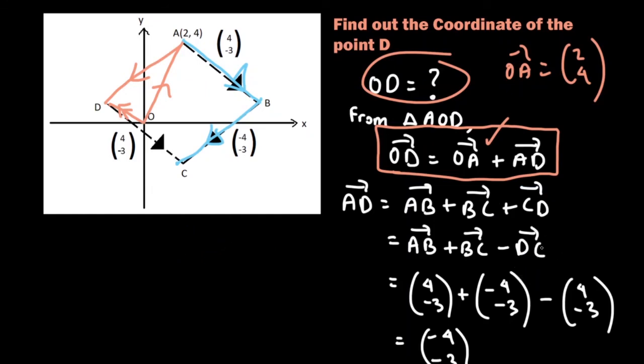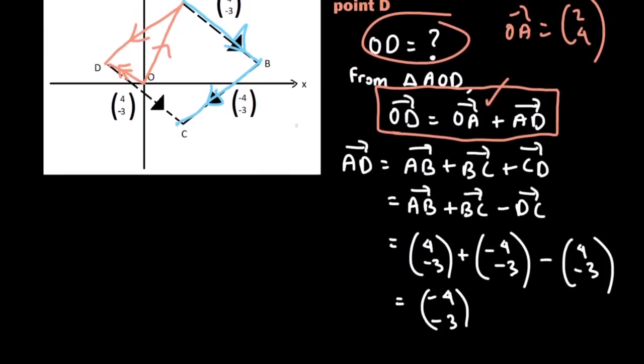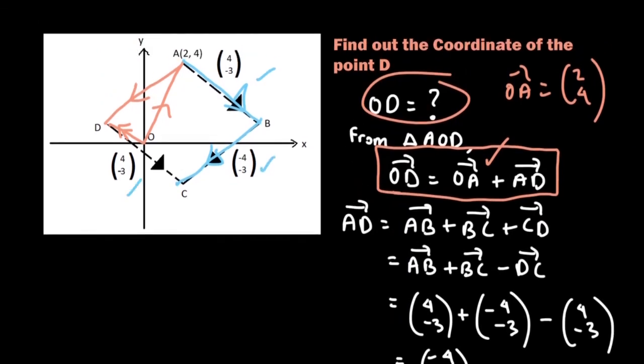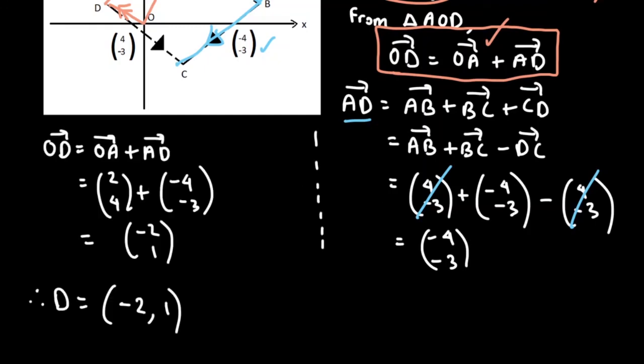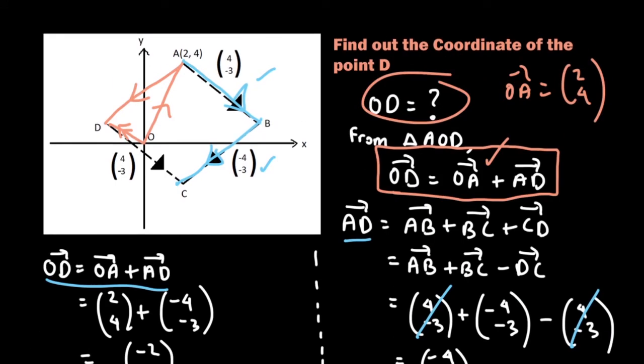So continuing that, we just plug in the values. So these are all given. So we can all continue forward. This will get canceled out, and hence this is the only resulting vector. So AD is this vector. And then we can calculate the OD vector using this here.